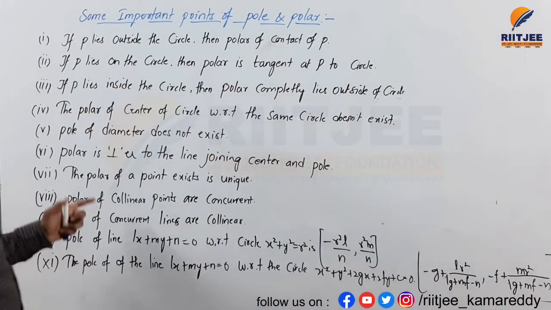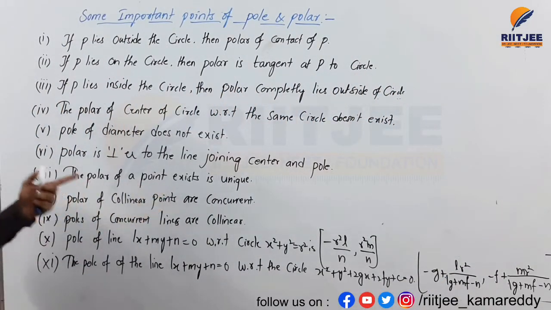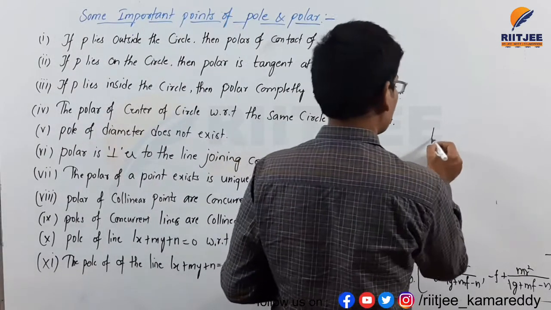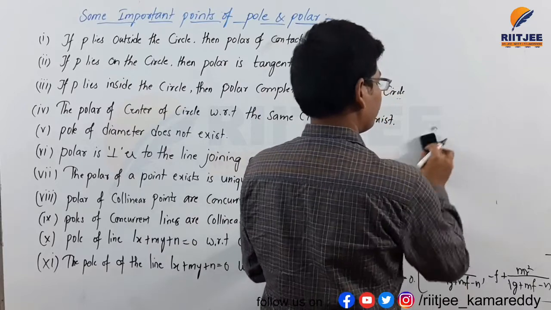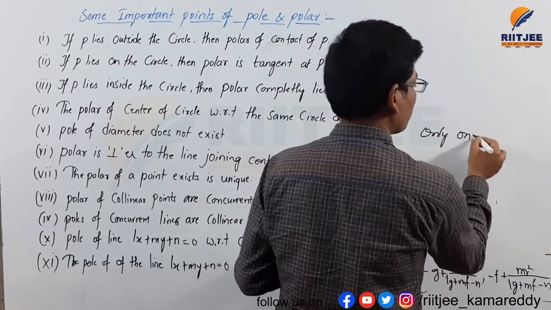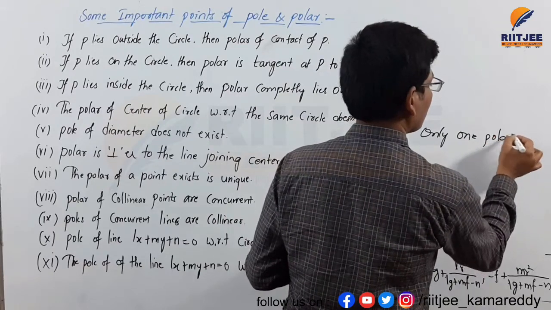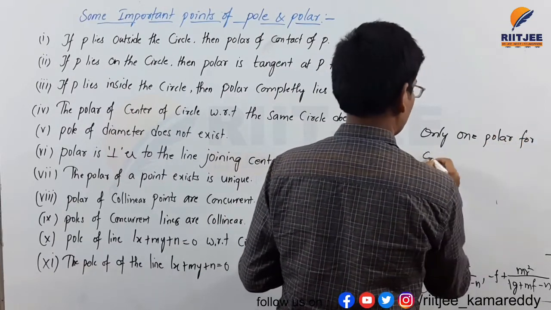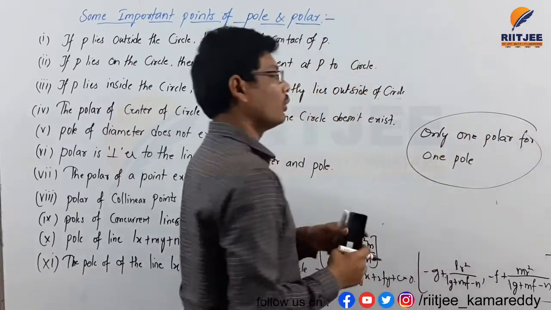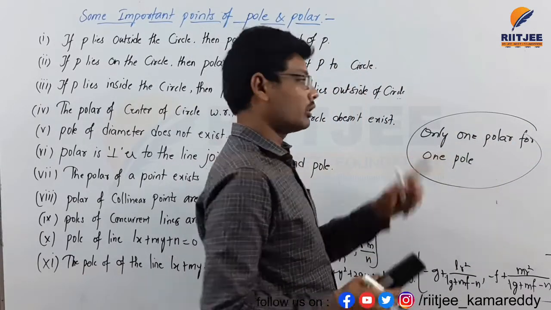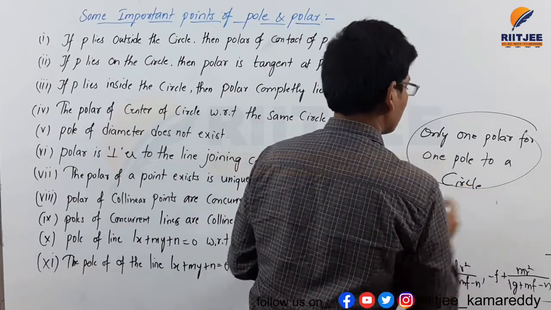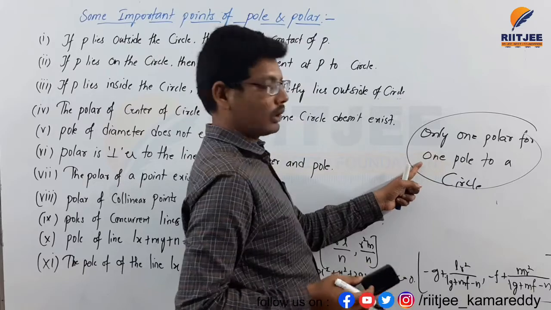And the polar of a point exists and is unique. Only one polar for one pole of a circle.